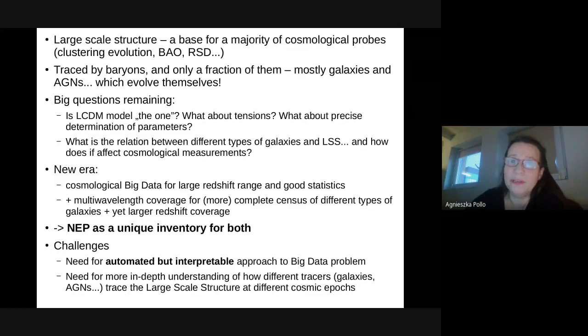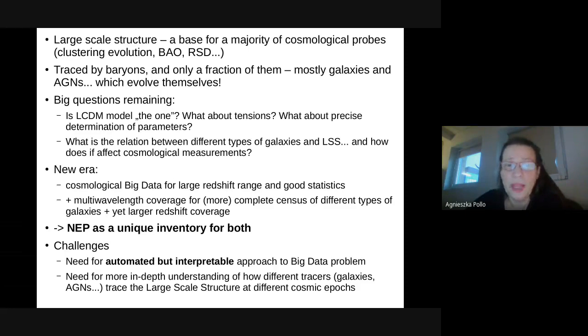And moreover, the way they are located in the density field changes with cosmic time, and depends on galaxy properties. We find different galaxies in different environments.